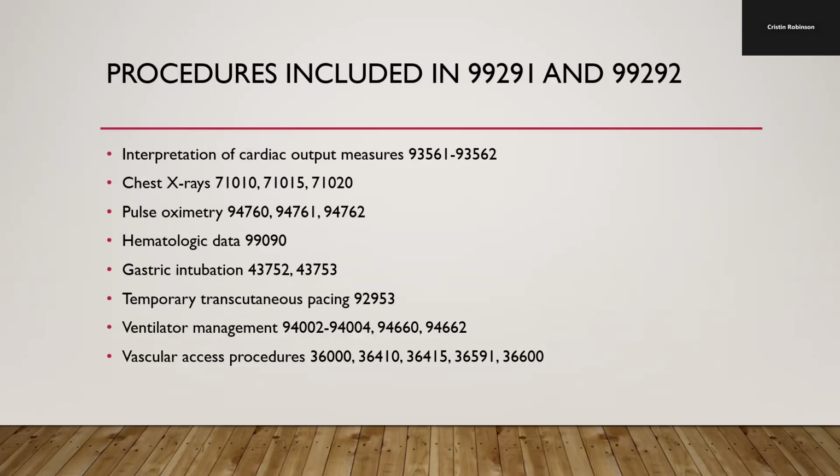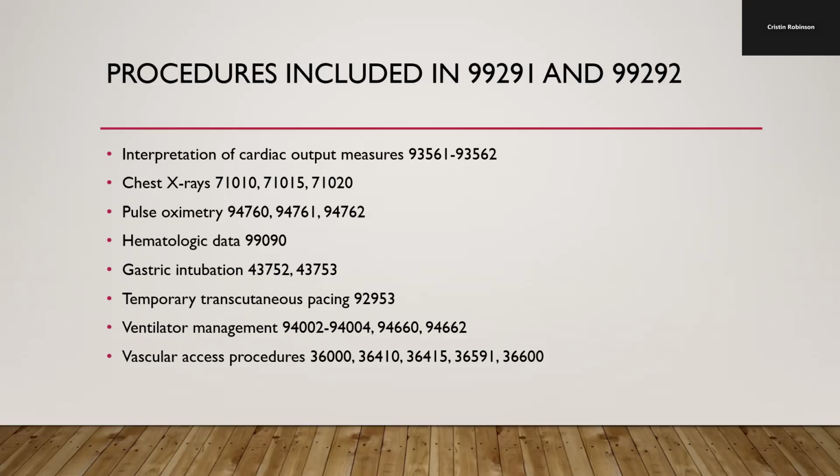When we look at procedures that are inclusive to 99291 and 99292, and this also applies to your pediatric and neonatal critical care patients, this list is in your book for complete reference, but just for today's presentation, I would like to go through these just to present why we include these. So there are general practices and treatment that is common.